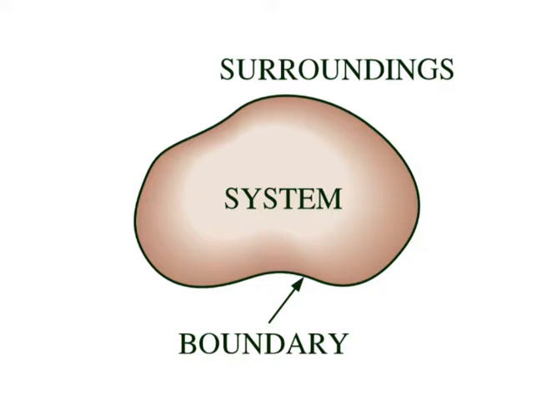The boundary of a system can be fixed or movable. Note that the boundary is the contact surface shared by both the system and the surroundings. Mathematically speaking, the boundary has zero thickness and thus it can neither contain any mass nor occupy any volume in space.